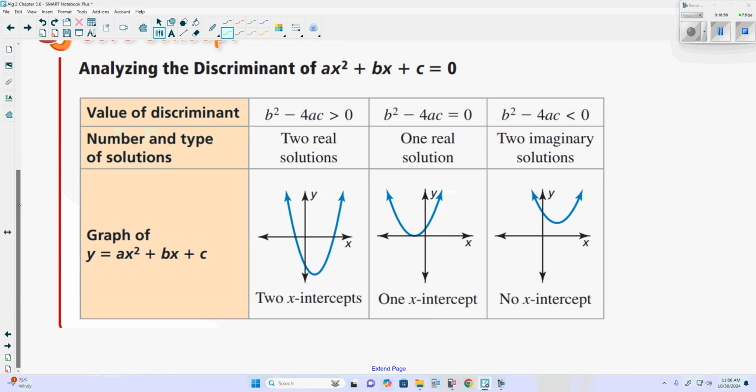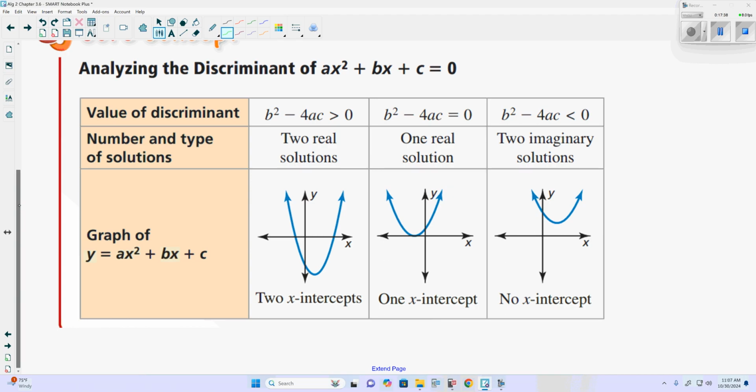It is either greater than 0, which means that we have two real solutions; b squared minus 4ac is equal to 0, which means we have one real solution; and b squared minus 4ac is less than 0, which means we have two complex solutions. We could say two imaginary solutions. Kind of the same thing.